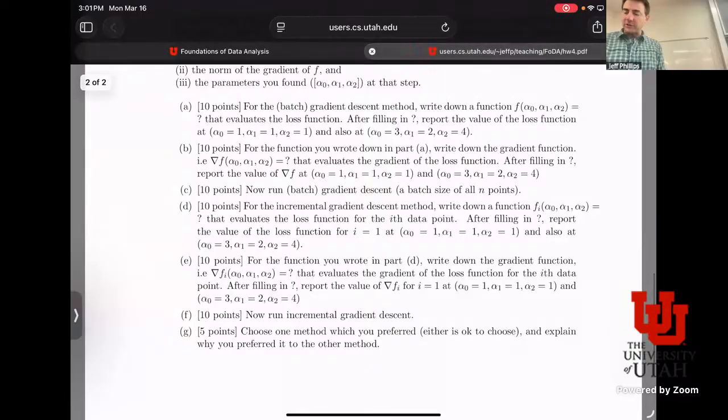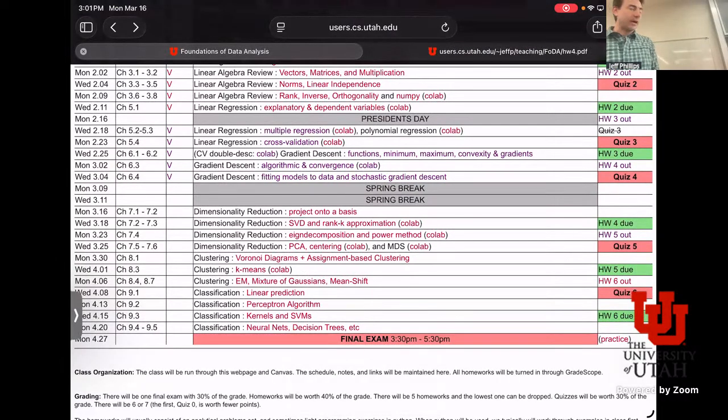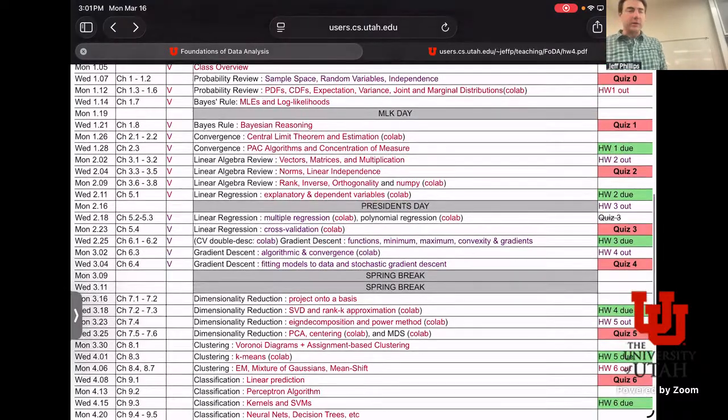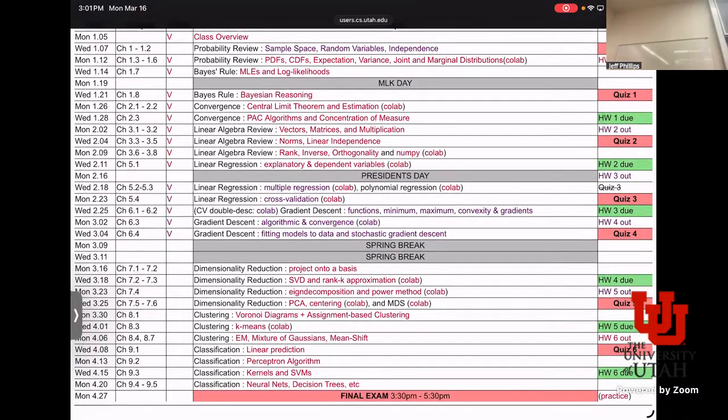Just looking at the schedule, we are really switching topics. We had a long stretch where we were talking about linear regression, moving into gradient descent as a way to solve linear regression.